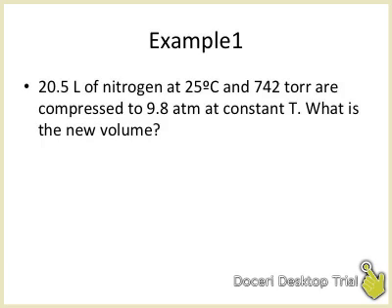So first of all, what piece of information can I just throw out? Temperature. Why can I throw out the temperature? It's constant. The temperature is held constant, so it's going to be the same on each side, so we just throw it out.